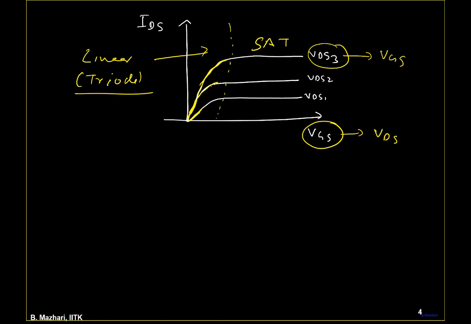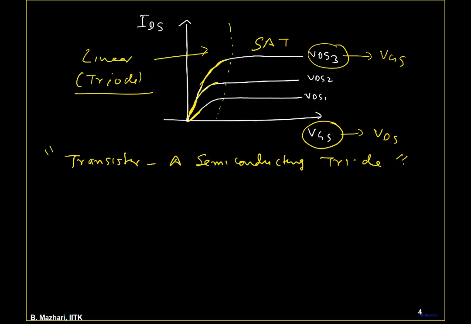And the reason why we call it a triode, what I would suggest is go and read the first paper that was published on transistor. The title, if I remember correctly, was something like this: "Transistor, a semiconducting triode."